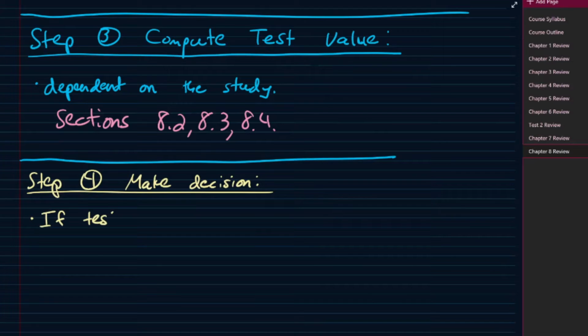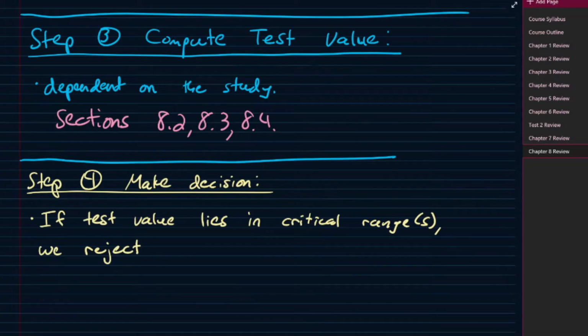If the test value lies in either of the critical ranges, either critical range or ranges, if the test value lies in the critical range, we reject the null hypothesis. Essentially, the data is so far skewed that the thing that we're testing definitely had an influence or something like that.